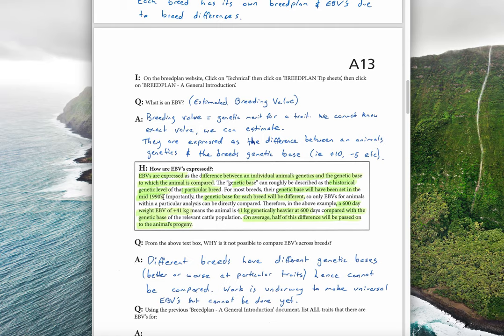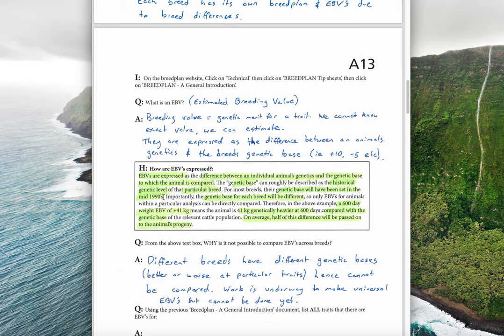So if we're talking about Hereford, for example, let's use milking volume and Herefords as our example. In the 1990s, when they set up the Breedplan and the EBVs for Hereford, what they would have done is taken an average of the milking volume for Hereford. Let's just say, for example, that was 25 litres of milk that each Hereford cow would produce on average.